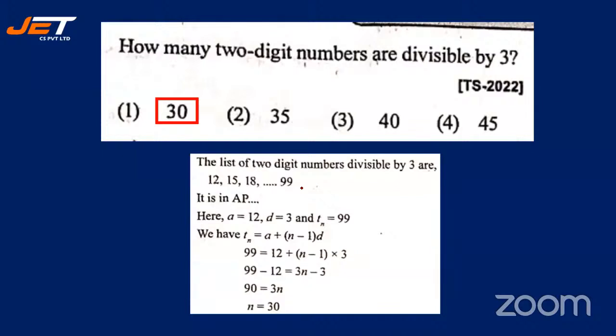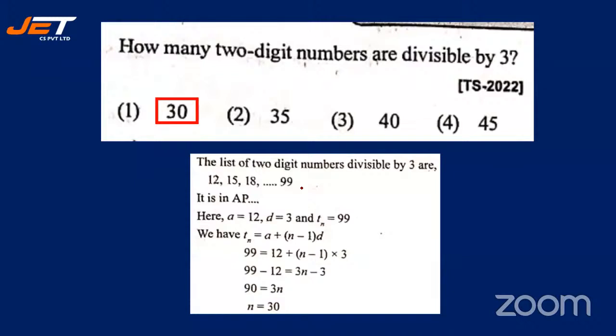The list of 2-digit numbers divisible by 3 are, okay, 12 will get divisible by 3. 12 by 3 is 4, 15 by 3 is 5, 18 by 3 is 6, like that. It goes till 99. So it is in AP form where a is 12, that is the first term, d is 3, and Tn, that is the last, is 99.